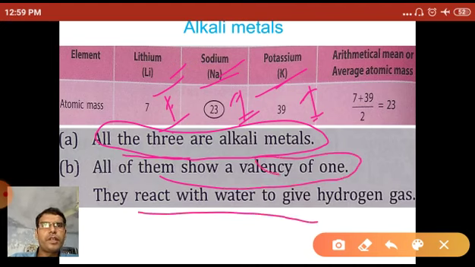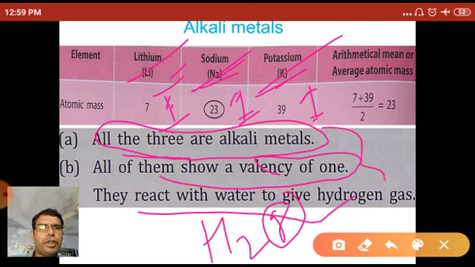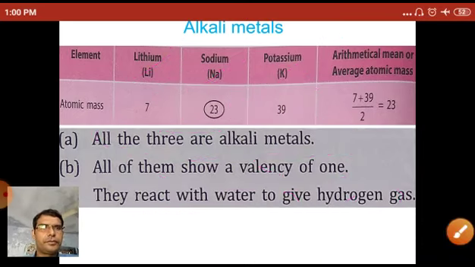They react with water to give hydrogen gas. Lithium reacts with water, sodium reacts with water, potassium reacts with water, and they release hydrogen gas. So all three elements have some similar properties when arranged according to Dobereiner's triads law.